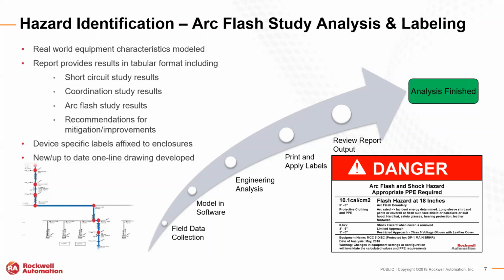And if you were to look at the arrow on the screen from the bottom left towards the top right, that outlines the typical steps that get followed in order to perform an incident energy analysis.